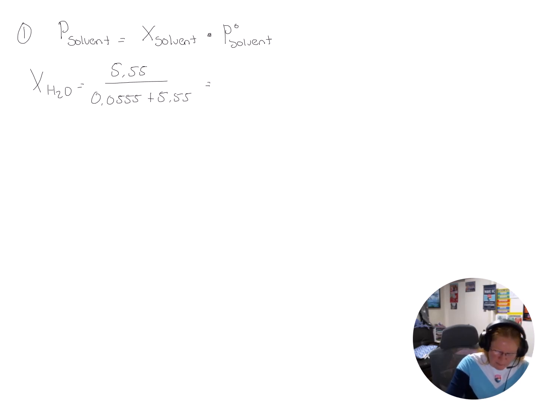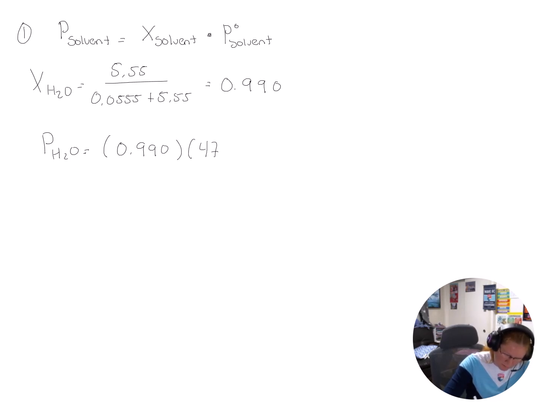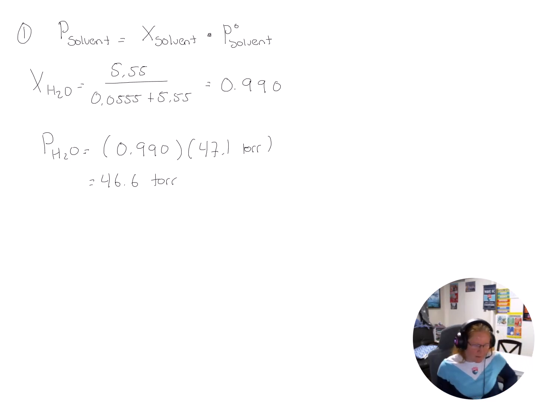We get a very high mole fraction. There's not a whole lot of glucose in the solution. Very, very high. So the mole fraction of our water is going to be 0.99. Remember, mole fraction is unitless. And that's times 47.1 torr. And so we get 46.6 torr.